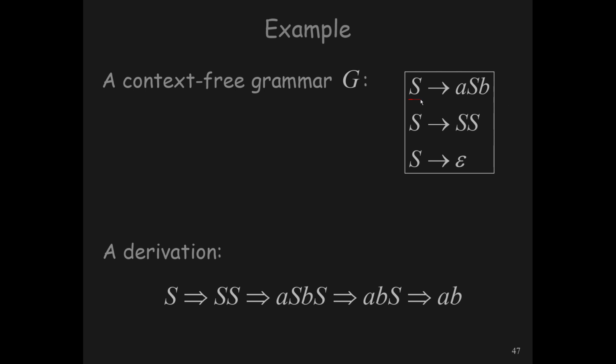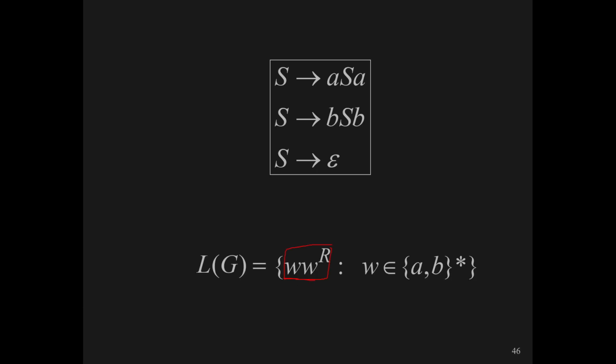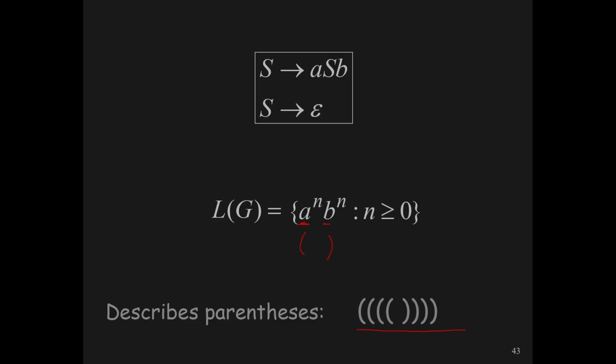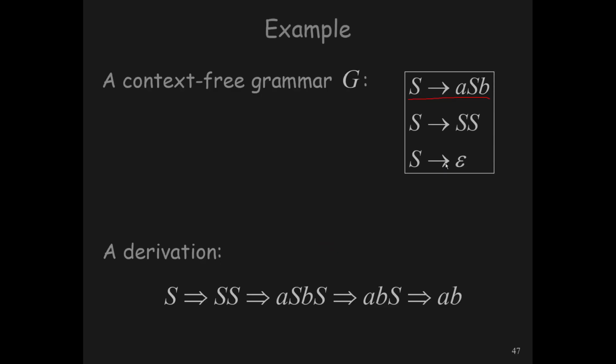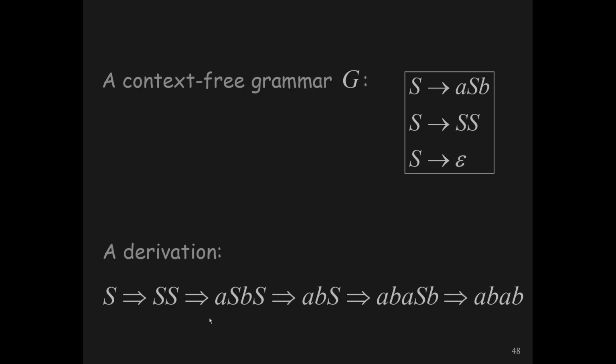So, S produces ASB. We saw this with the A^nB^n language, or the left and right parentheses language, the nested parentheses. And if you add this rule, S produces SS, then this is more interesting.